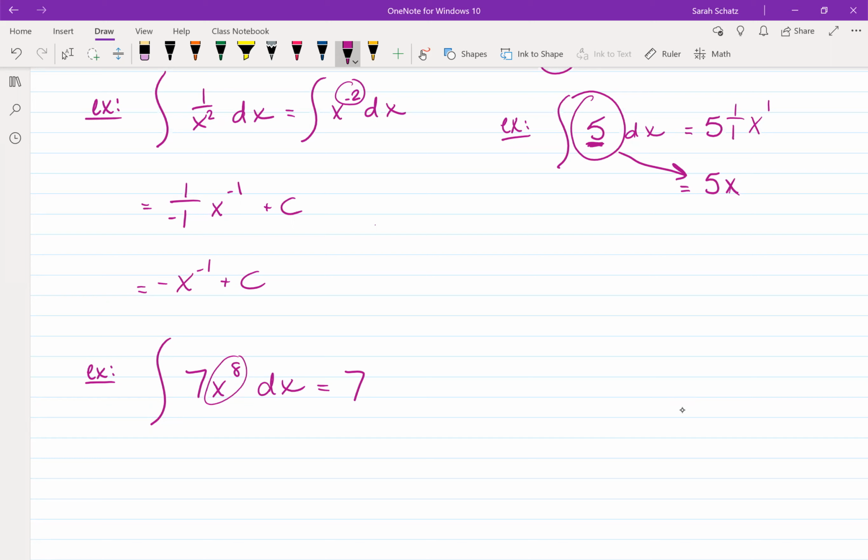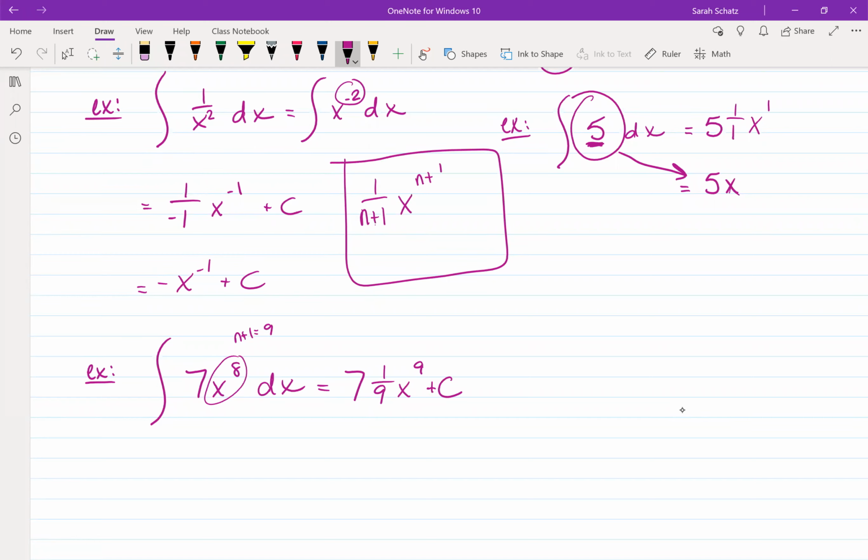If n is 8, then n plus 1 equals 9. So that's the number that's going to be in my answer. I'm going to have 1 over 9 x to the 9th plus c. Let me write the power rule one more time because it's not on our screen right now. As far as simplifying this one goes, you could write that as 7 over 9 x to the 9th plus c. That's how I would write it.